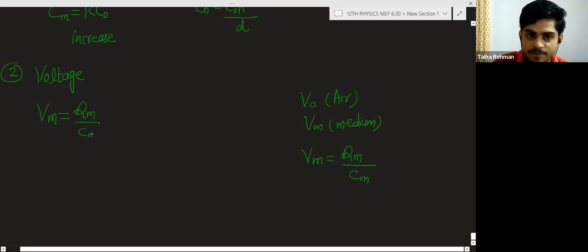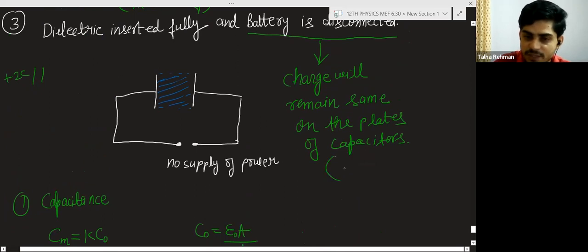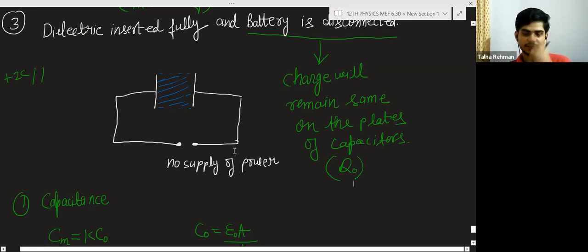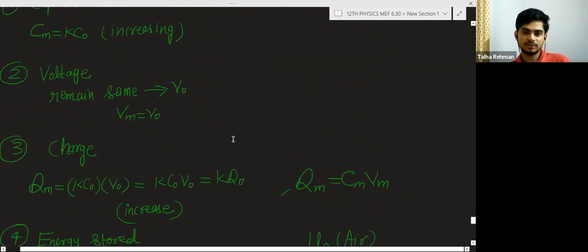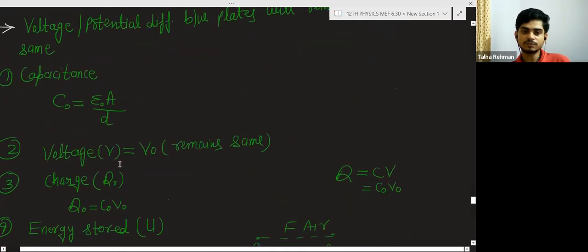I have told you the charge will remain the same, which means the charge will remain constant at Q naught. Q naught is the charge when the plates have air and the battery is connected. Like here you can see, initially we have taken the charge Q naught.